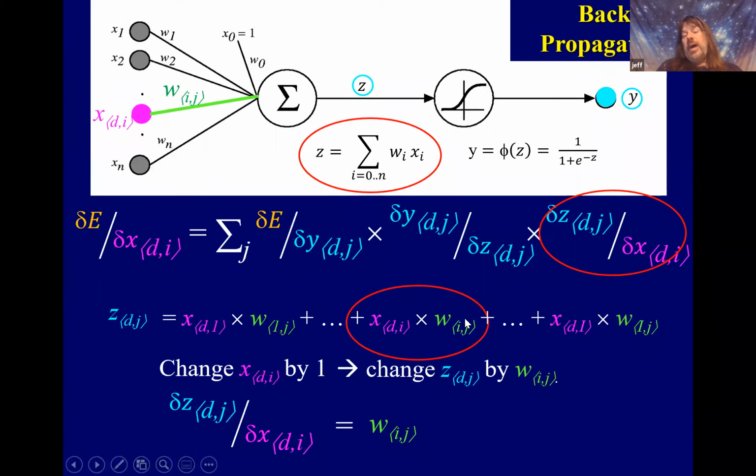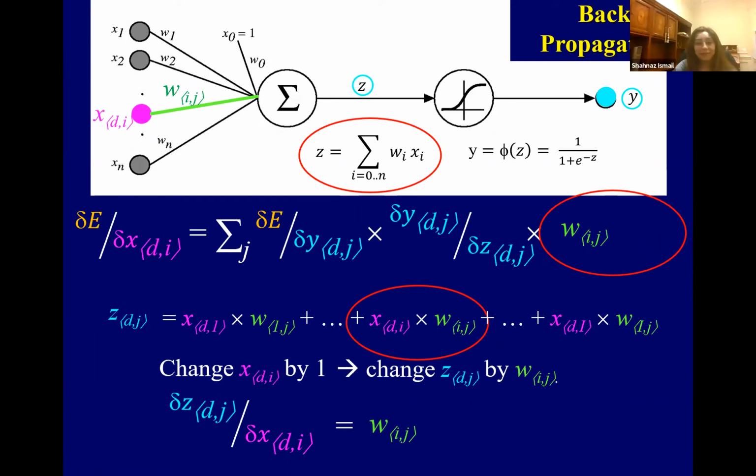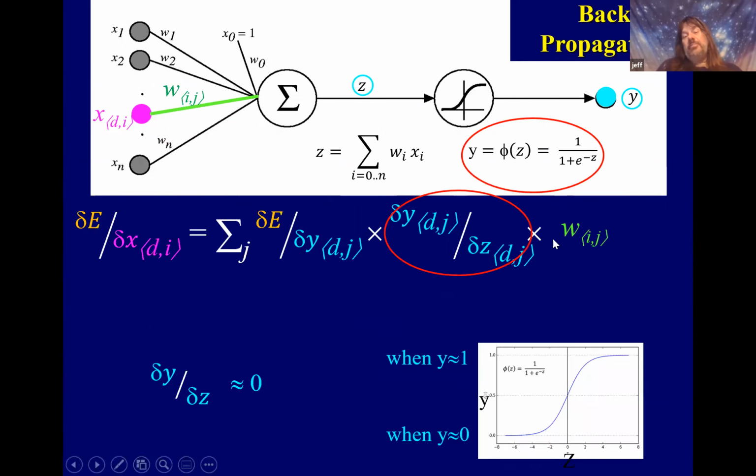So W is a constant, like 5. What's the derivative of 5X? It's 5. So that's what we're saying here: the derivative of 5 times X is 5, and that gives us this value. Yeah, that makes sense now. Okay, thanks.